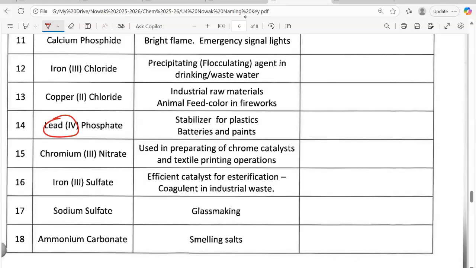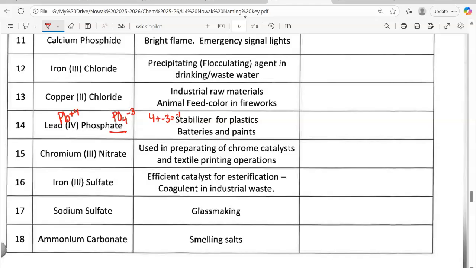So I have lead 4 here. So lead 4 is telling me that I have Pb plus 4, and then I have phosphate. So that's not an ide. So what that is telling me is that this is a polyatomic ion, and I need to look at the back of my periodic table. So when I find phosphate, phosphate is PO4 with a -3 charge. 4 plus -3 equals +1, so I can't just cancel those out.